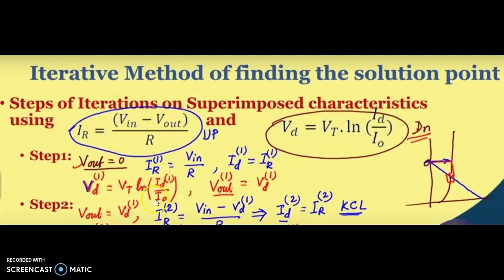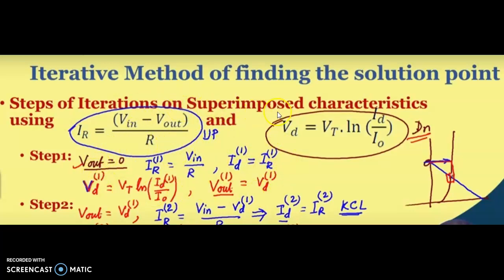Here we will now see pull down only. So V out equals Vd. V out1 equals Vd1. So for IR1 in the first step equals V in divided by R, and ID1 equals IR1. These are all step 1 in this iteration.